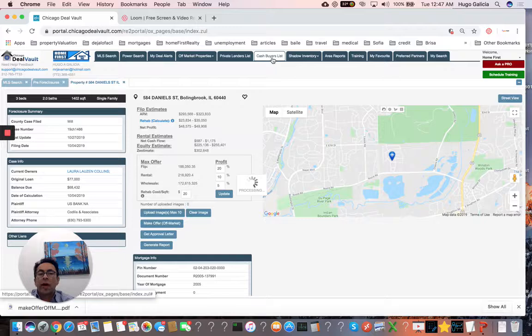So I'm going to click on cash buyers, and we're going to find those cash buyers who bought properties in Bolingbrook and paid cash for them. Once we find the cash buyers in Bolingbrook, we are going to market this property to them.